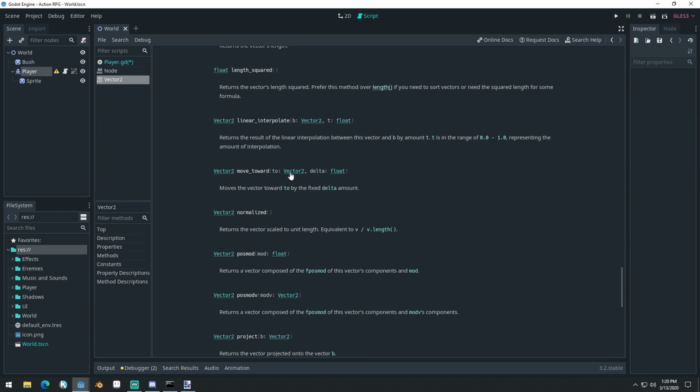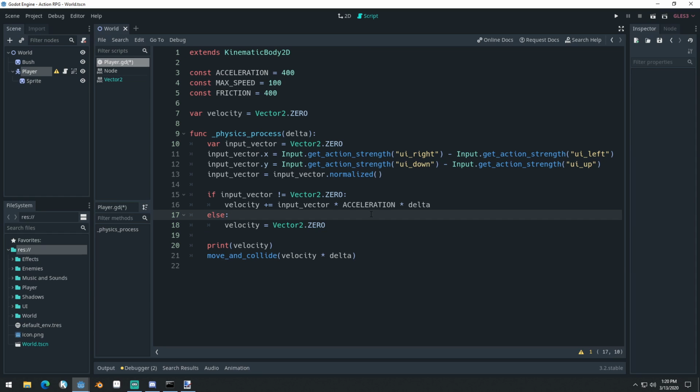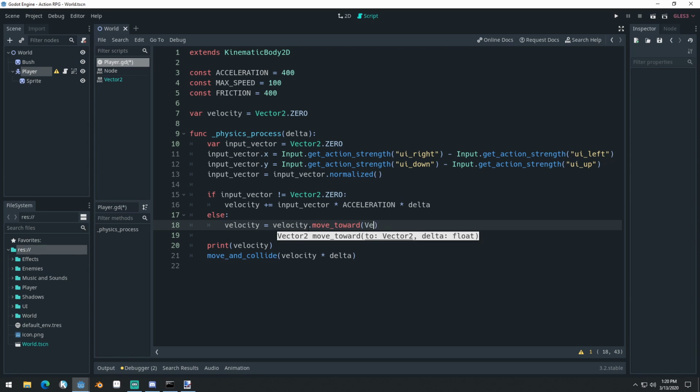In this case, we want to move towards a vector of 0, 0, which would be stopped. We want our velocity to move towards 0, 0, and we want it to move by some amount, which would be our friction. So we would say velocity equals velocity dot move toward, and we want Vector2.ZERO. So we want it to move towards 0, 0.